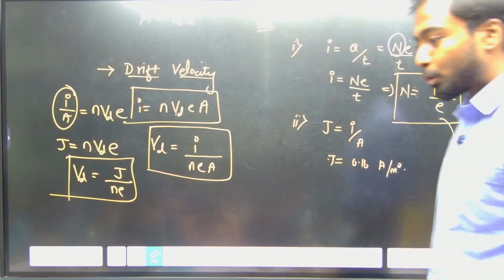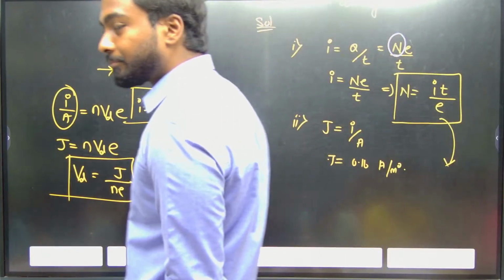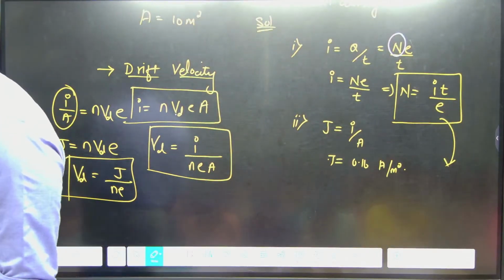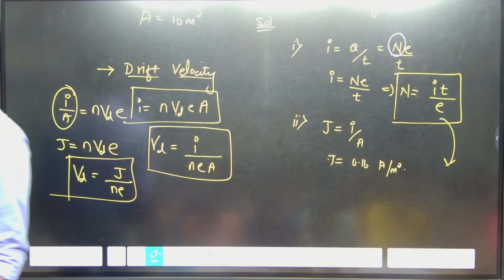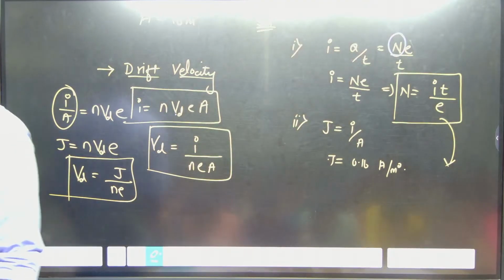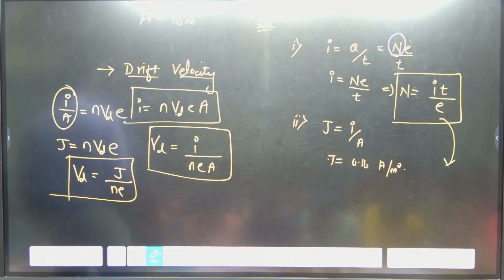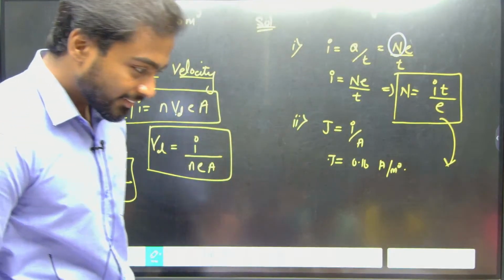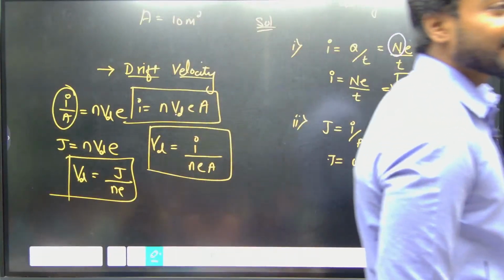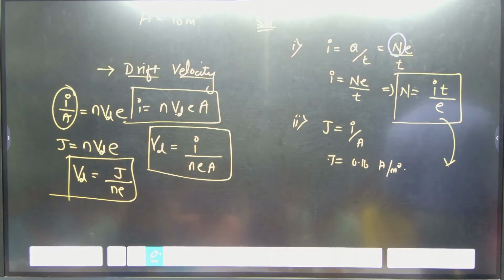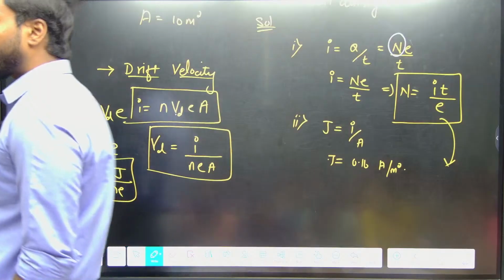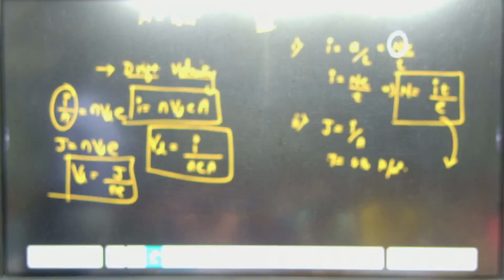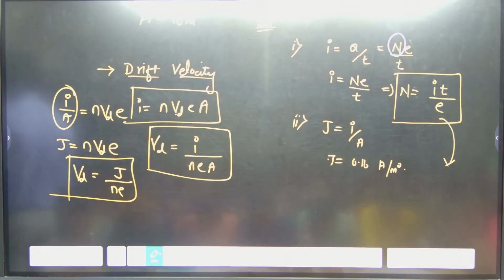Convert that to meter square. One millimeter is 10 power minus 3 meter, so millimeter square is 10 power minus 6 meter square.